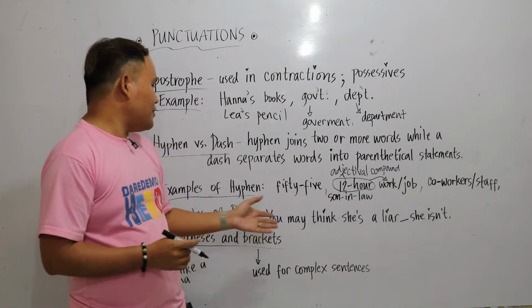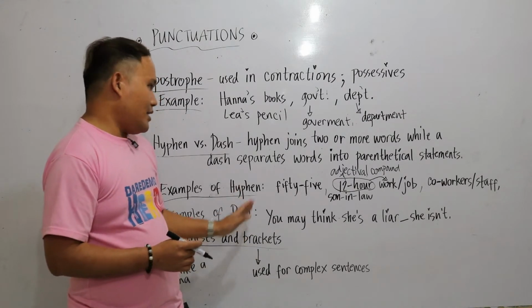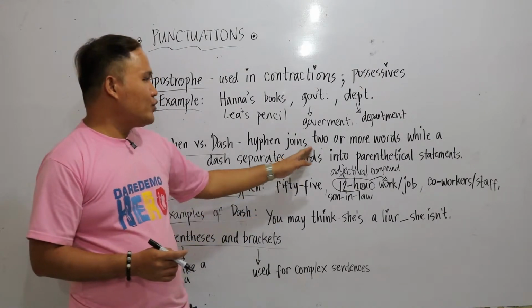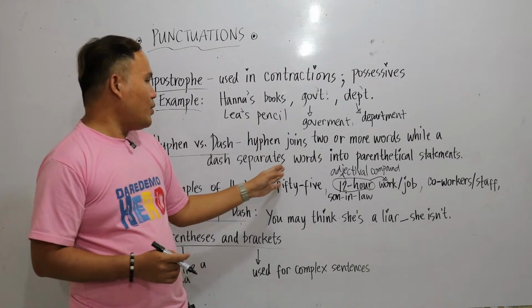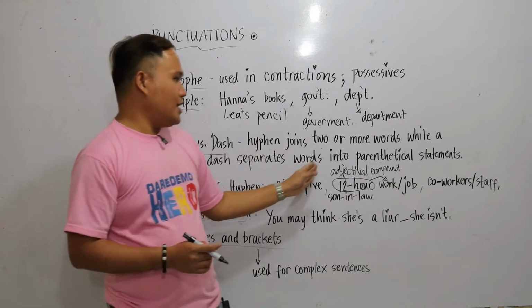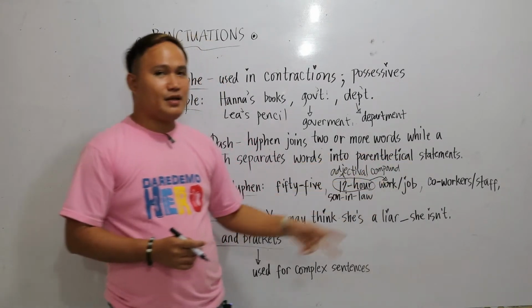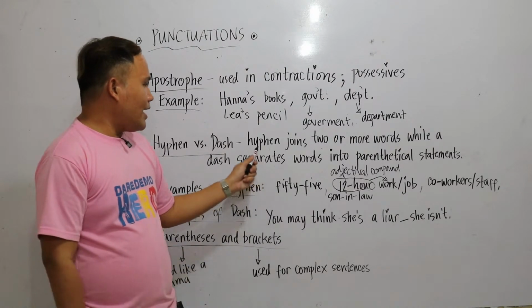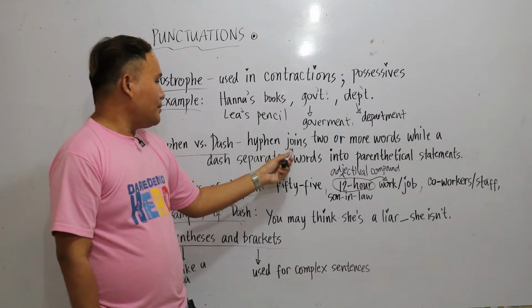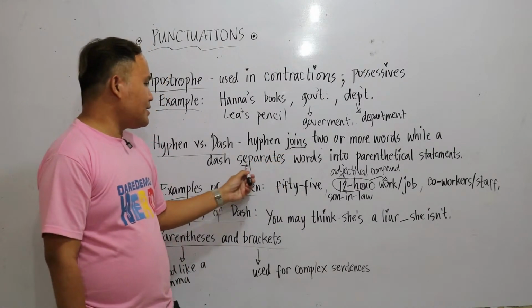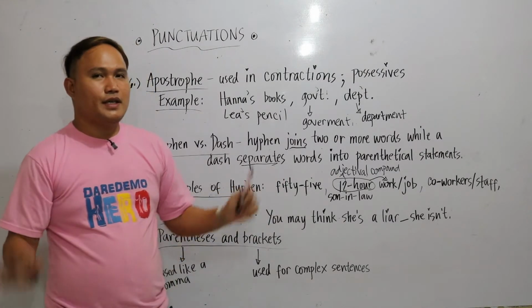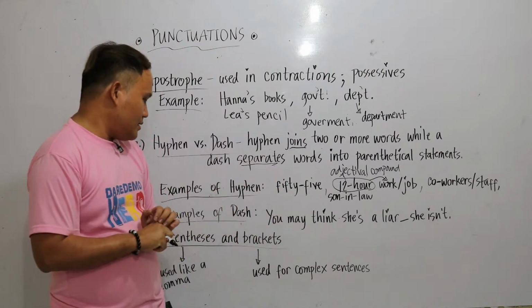Okay? So that's the difference between a hyphen and a dash. Again, a hyphen joins two or more words while the dash separates words into parenthetical statements. So hyphen joins, but dash separates words into parenthetical statements.